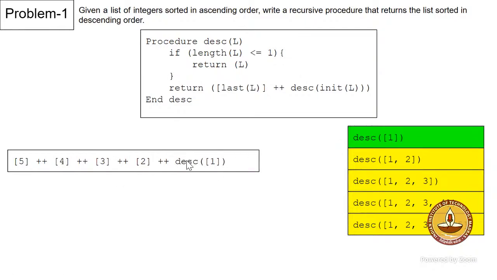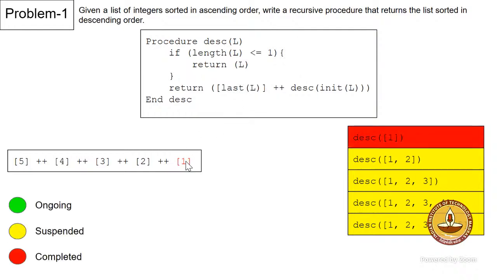In the next iteration, it will be 5, 4, 3, 2 ++ descending of 1. Descending of 1 returns the list, which will be 1. Then the procedure computes the final return value: 2 ++ 1 will happen, which gives 2, 1.